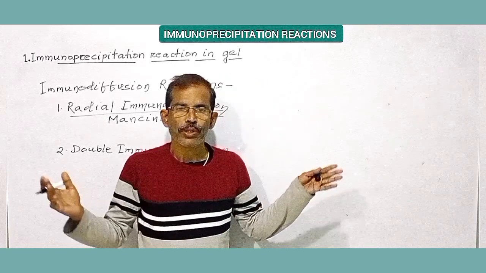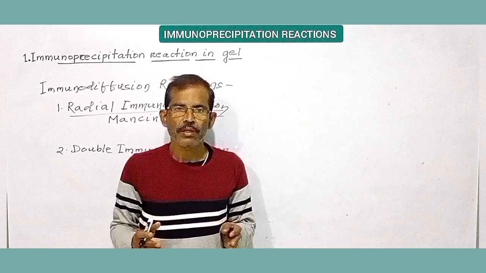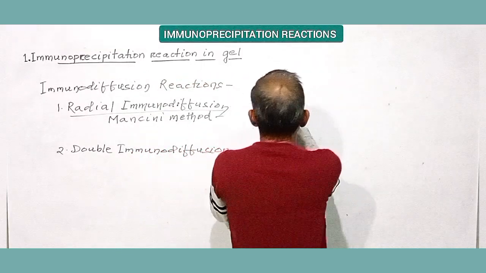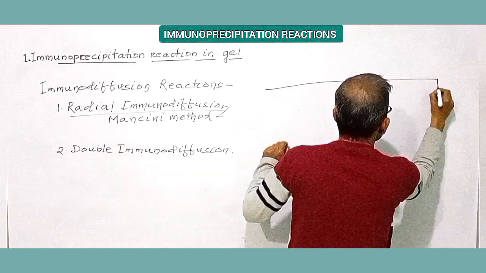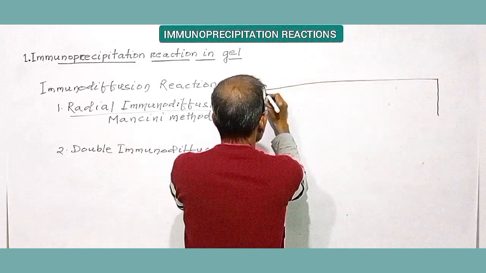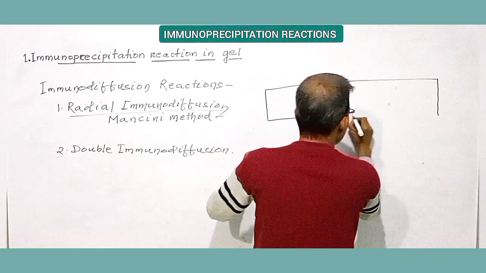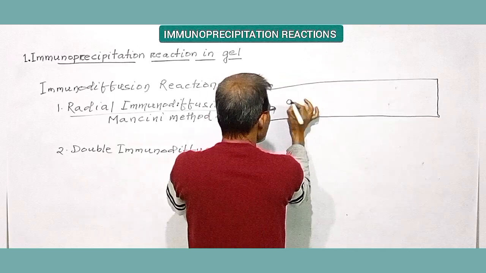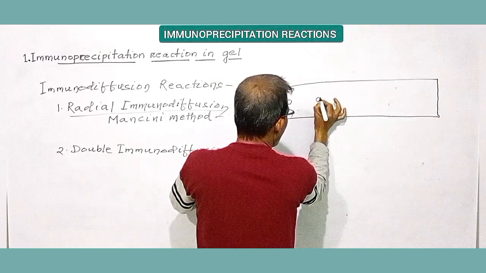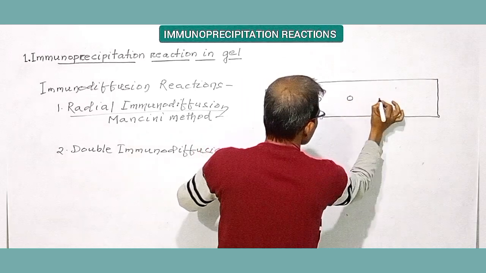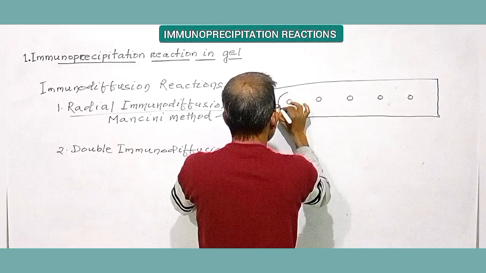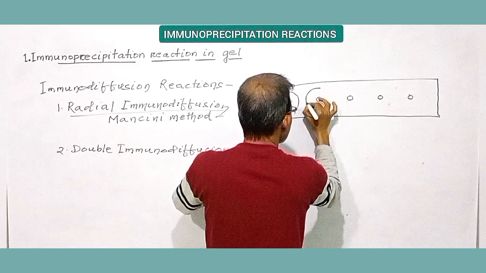In order to determine the concentration of antigen in the sample, different amount of the standard antigen and also the sample are subjected to radial immunodiffusion in one gel. After performing the procedure, the diameter of the precipitation ring were measured.